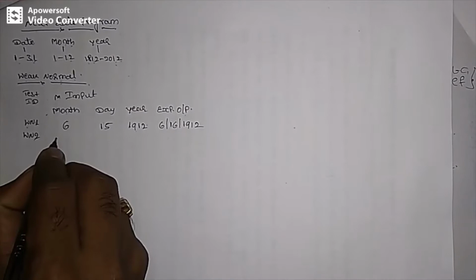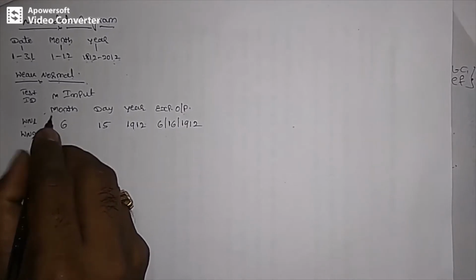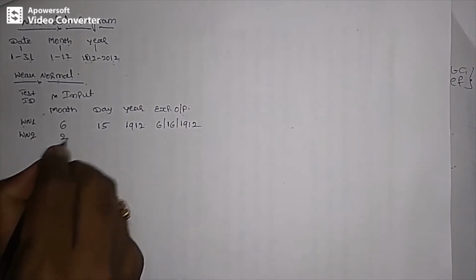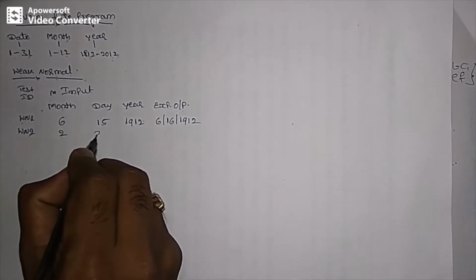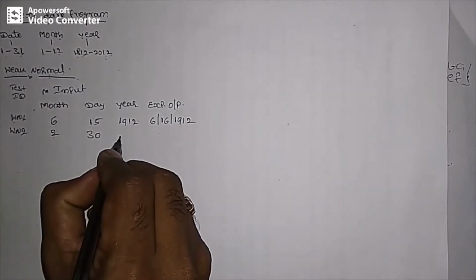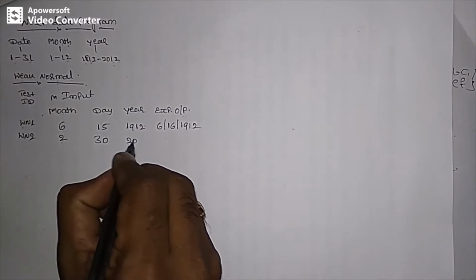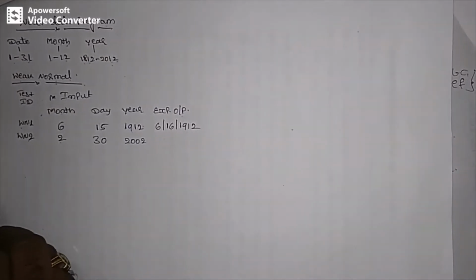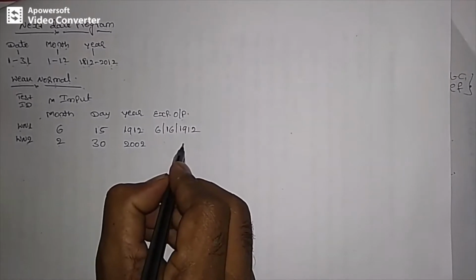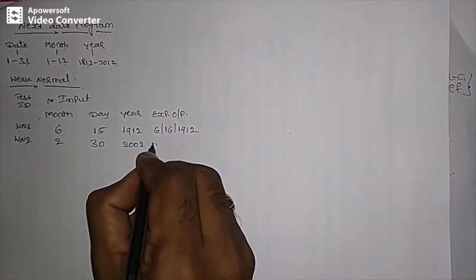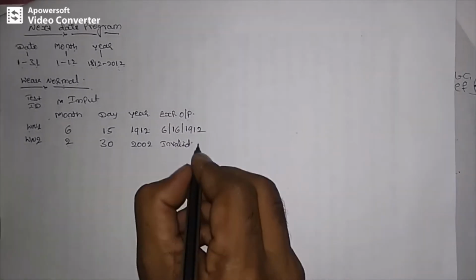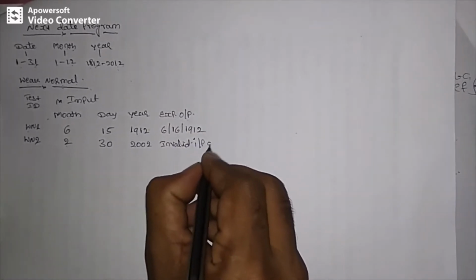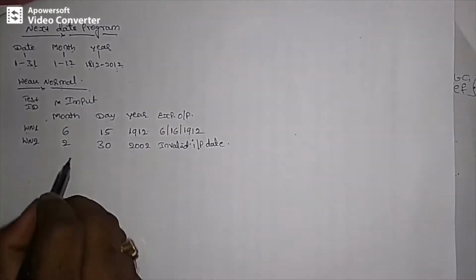So for example, I will give one more example. Consider month is 2, which is February. If I specify day 30, and here I specify 2002 as the year, then what will be the expected output result? Here I can write invalid input date. Correct? Why are we calling it an invalid input date?